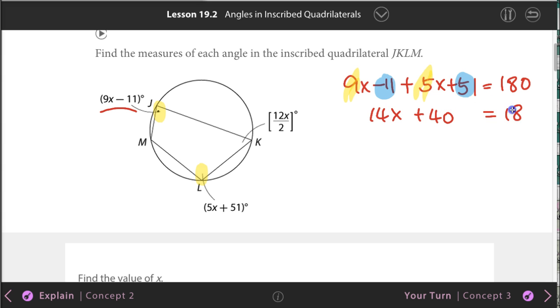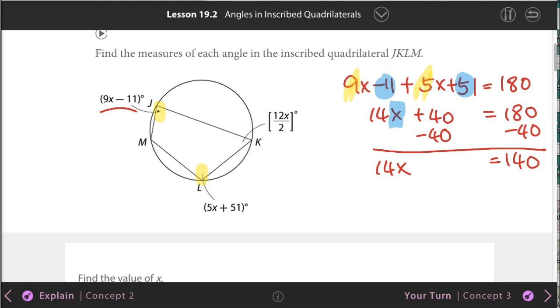And that equals 180. From here, it's too easy. We gotta leave the x all by itself. So we're gonna go ahead and subtract 40 from both sides, right? And so 14x is equal to 140. We still have to leave the x by itself, so we're going to divide both sides by 14, so x is equal to 10. Yay!